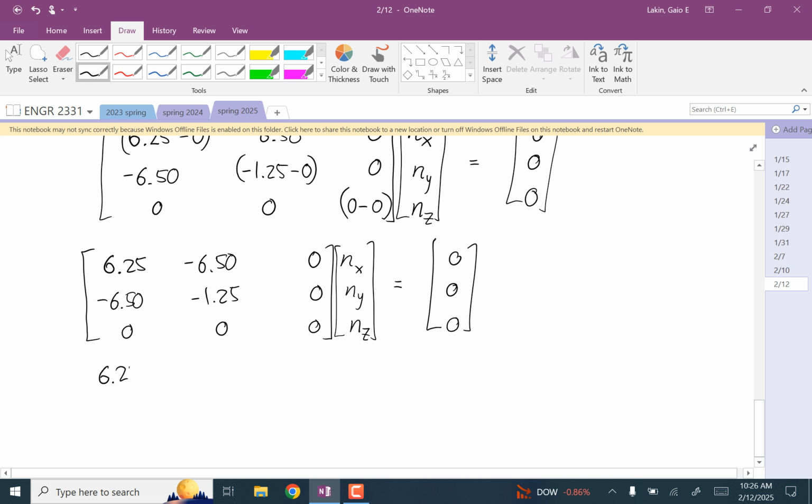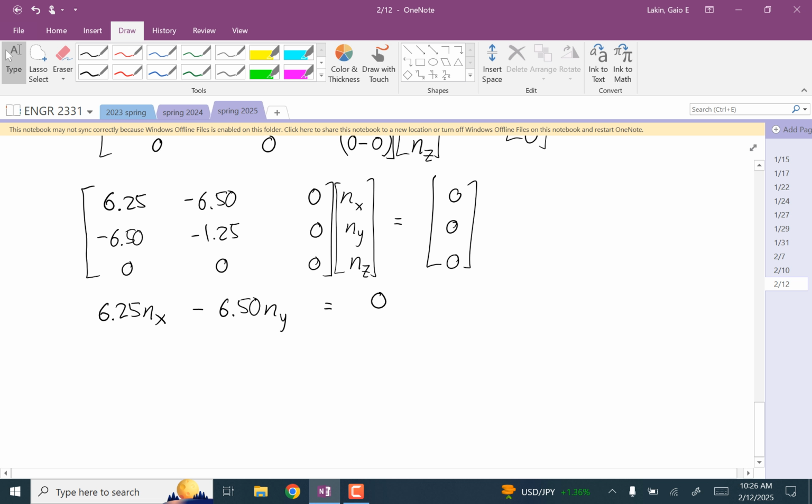The first one says 6.25 nx minus 6.50 ny is equal to 0. The second one says negative 6.50 nx minus 1.25 ny is equal to 0. And the third one doesn't help at all: 0 equals 0. Yeah, that's correct.